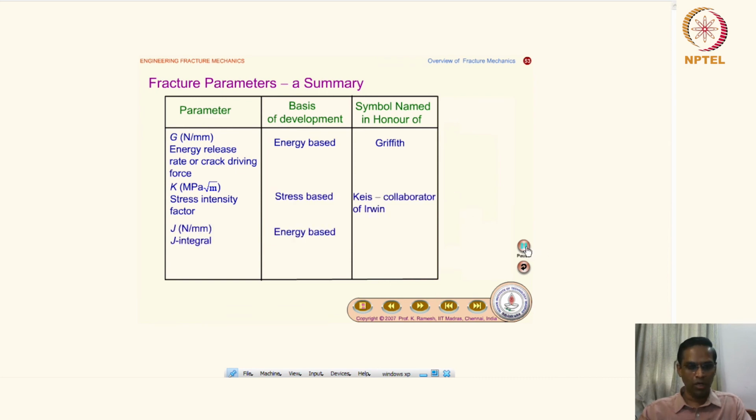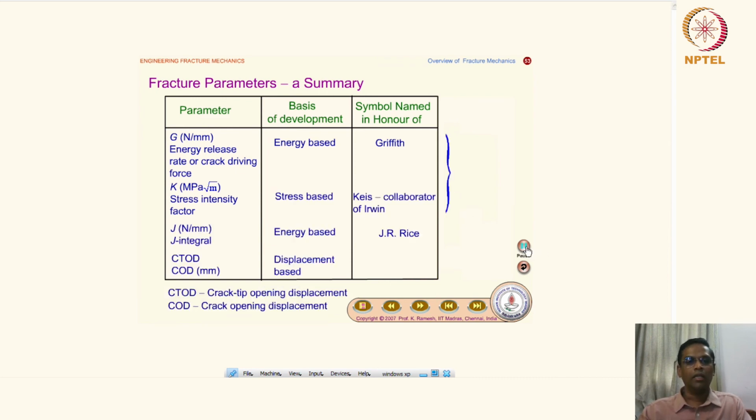This slide is a very important slide, which describes the fracture parameters. Okay, summary. What are the fracture parameters? G, that is energy release rate or crack driving force, which is the energy based parameter proposed by Griffith. So the G is after the name of Griffith, and the next parameter is K, stress intensity factor, which has a unit of MPa square root meter.